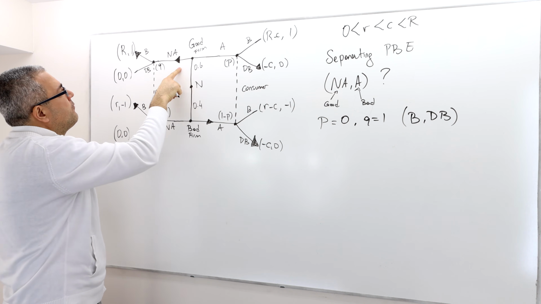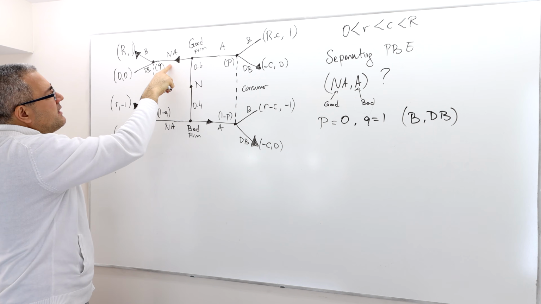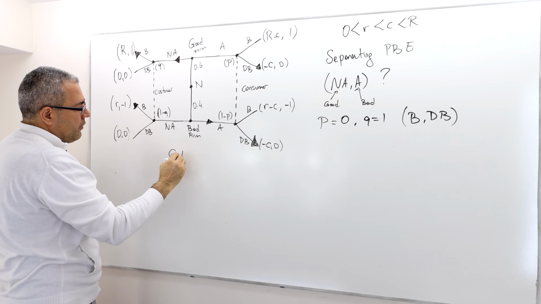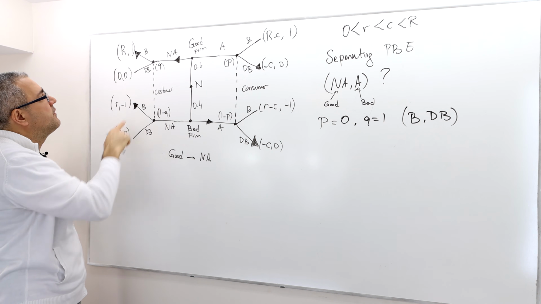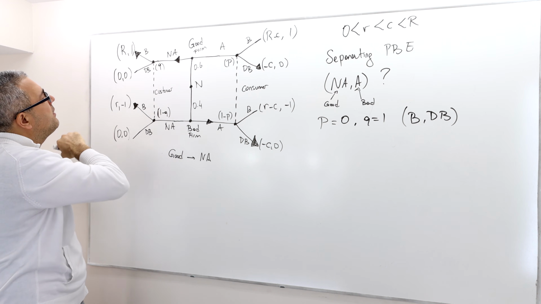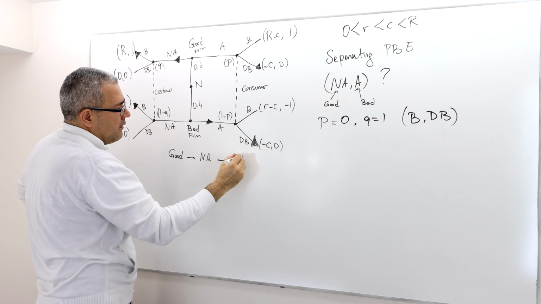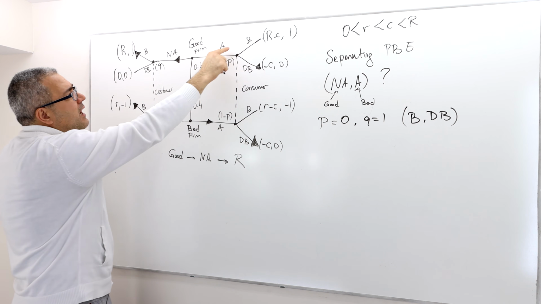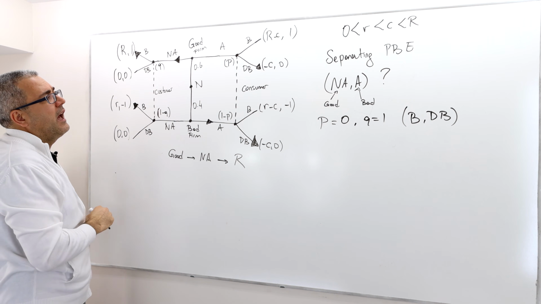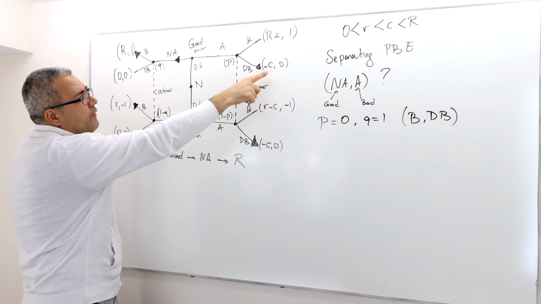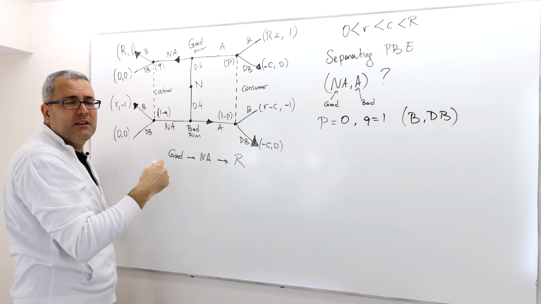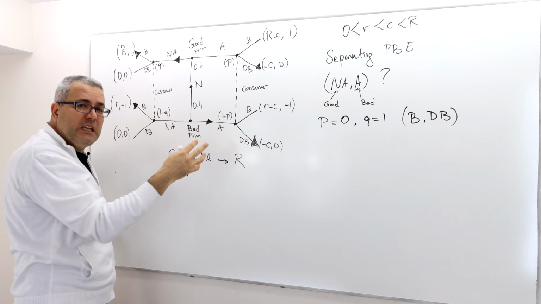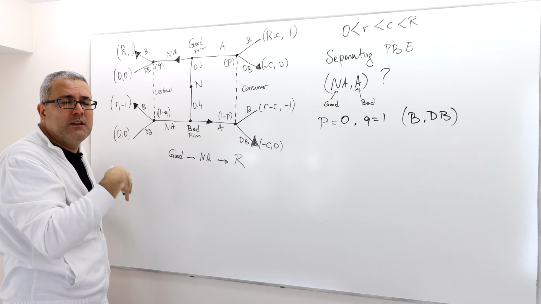Well, the good firm, if it does not deviate, it plays non-advertisement, its payoff is going to be R. Okay, but if it does deviate and advertise, its payoff is going to be minus C, because the firm knows that the consumer will not buy it because she believes that the advertisement is coming from the bad firm.